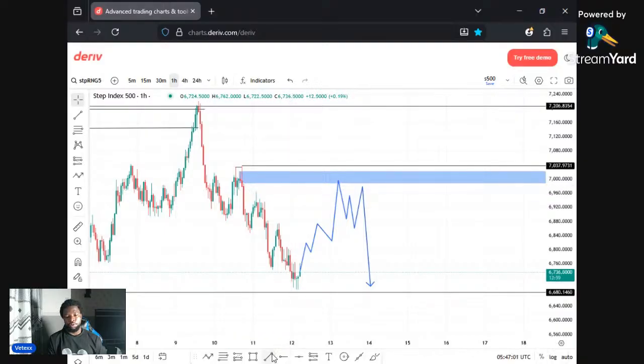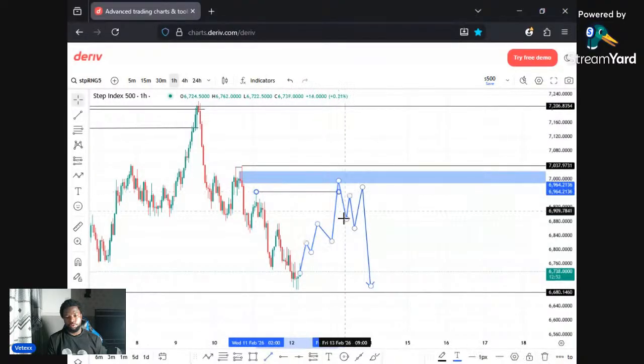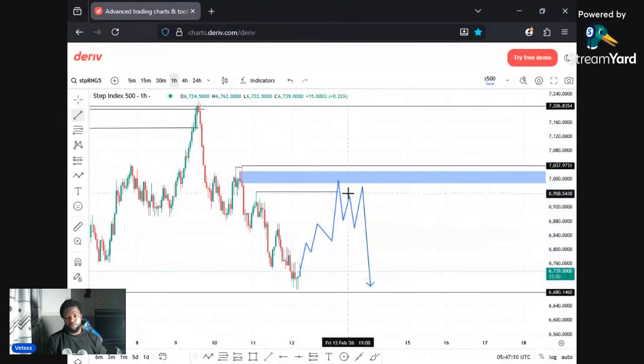So this becomes our sweep for this structure.